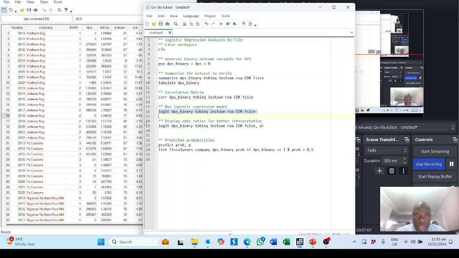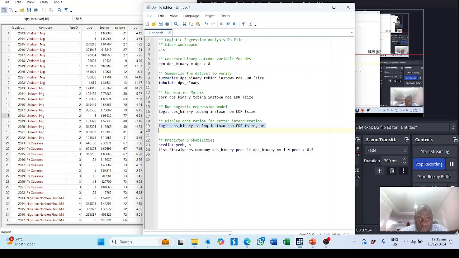Thereafter, we'll run the odds ratio. Odds ratio is an extension of the logistic regression. You will see the odds of dividend payments as we run it in logistic regression. I think those are the ones we'll need to run.